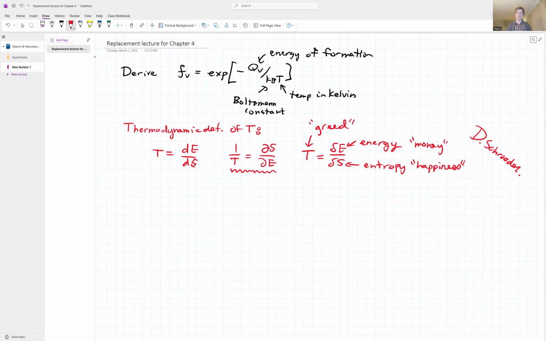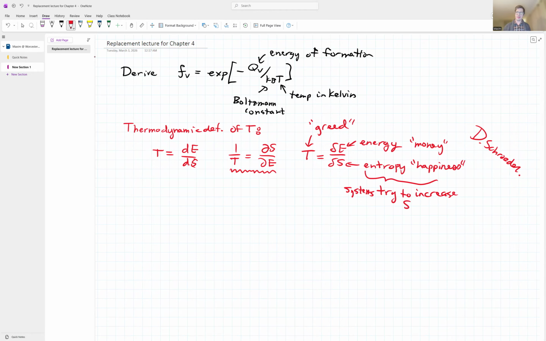So the idea is that according to the second law, systems tend to try to maximize happiness. So they try to increase entropy. So how do they do that?